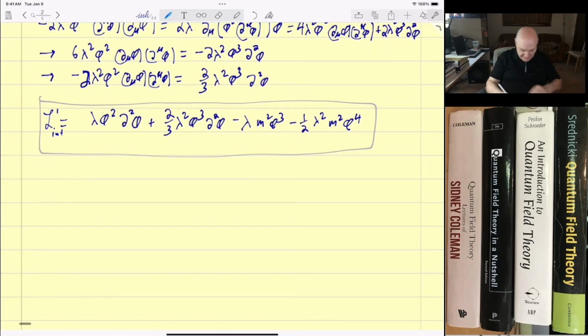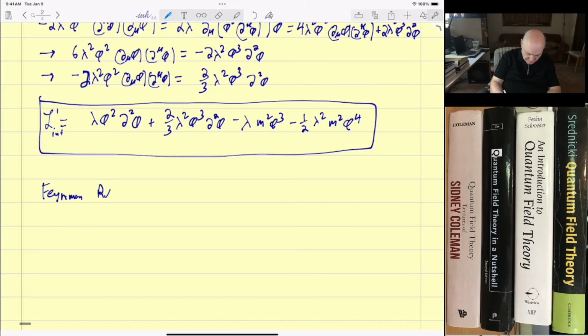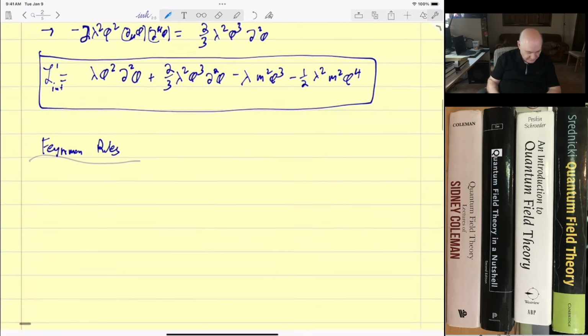Now I have to get the Feynman rules for each of these terms. And I'm mostly going to do this with hand waving.